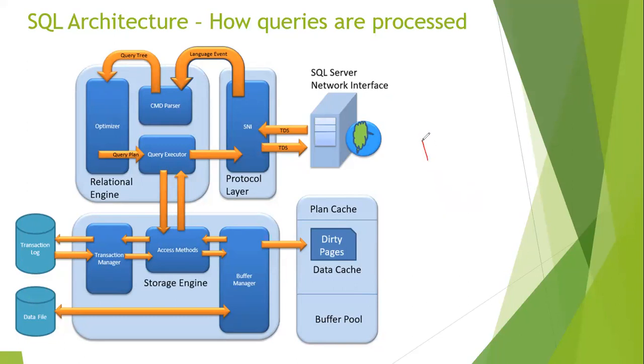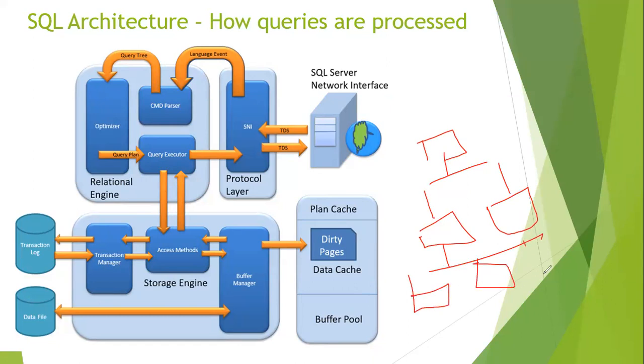Everything is generated as a tree-like structure. Let's consider this is the kind of tree it has. Like this, it generates a tree-like structure, then it will proceed with further optimization.